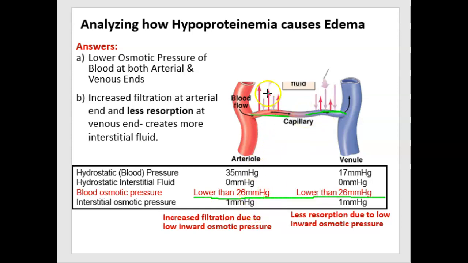So if you have less osmotic pressure at the arterial end, less of a force, that will increase the filtration at the arterial end. And if you have less osmotic force at the venous end, then you'll have decreased inward reabsorption. And so that will result in edema because less fluid will be reabsorbed.